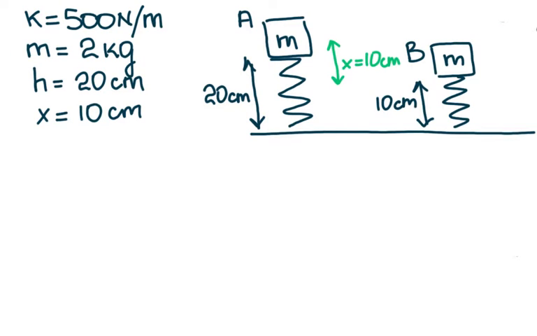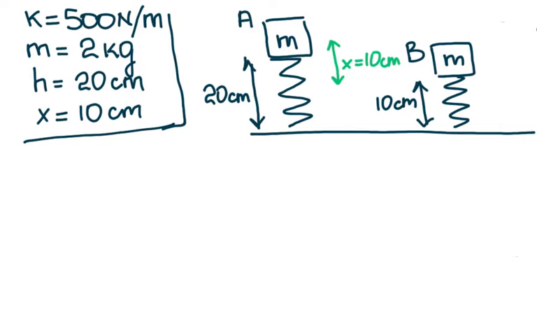So in this question, they say that a person holds a 2-kilogram block at position A shown on the left side, at rest. At this moment, the spring is unstretched or uncompressed and has a spring constant of 500 newtons per meter.